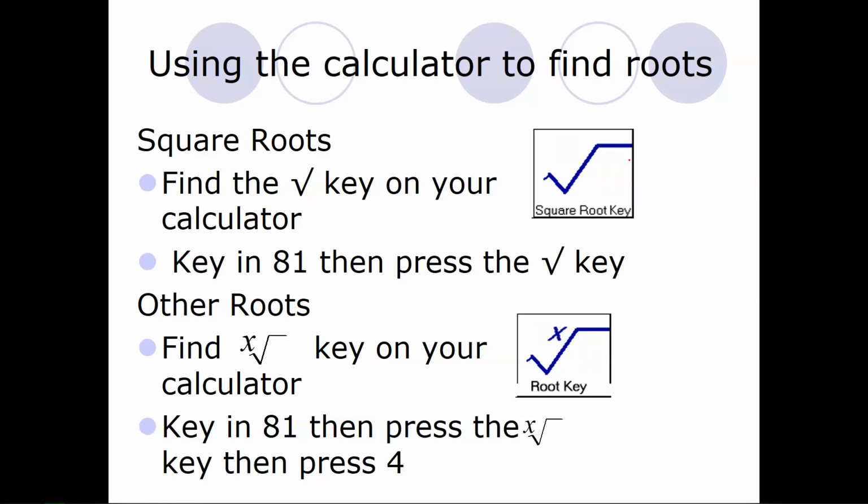Now what the root key does is, if I type into my calculator, let's say I'm looking for the quarter root of 81, what I would have in my calculator would be 4, the root of 81, the quarter root of 81, which is equal to 3, by the way.